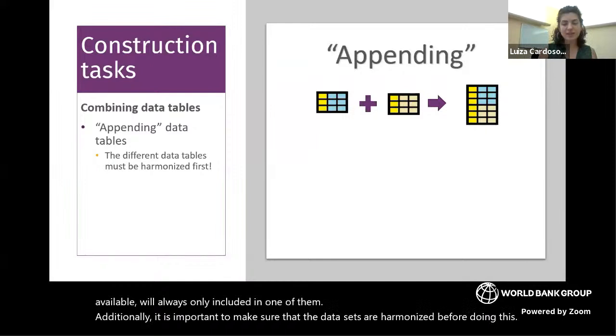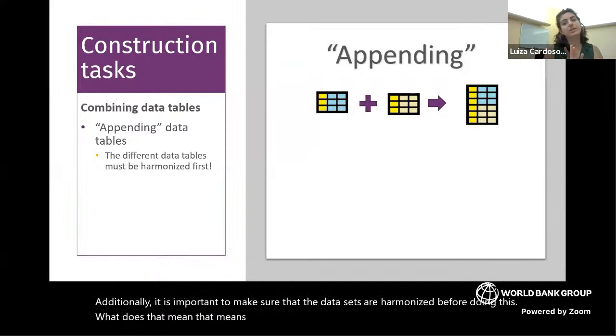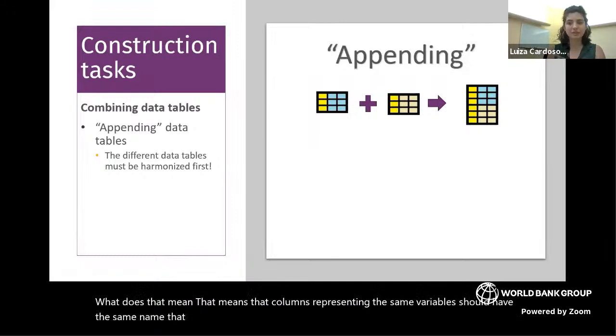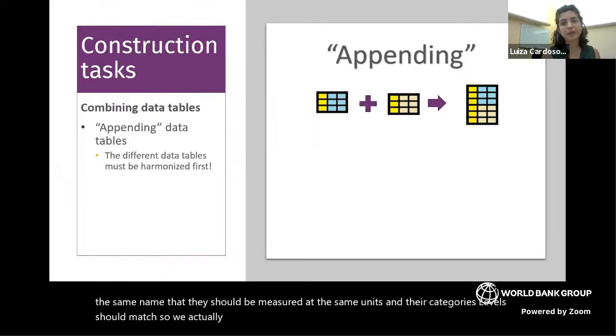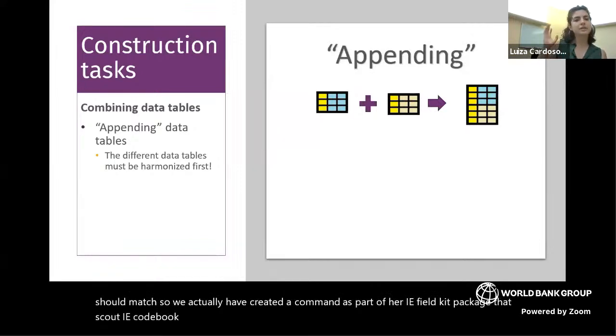What does that mean? That means that columns representing the same variables should have the same name, that they should be measured at the same units, and that their category levels should match. So we actually have created a command as part of our IE Field Kit package that's called ie codebook append, and that is meant to facilitate the process of harmonizing data sets.